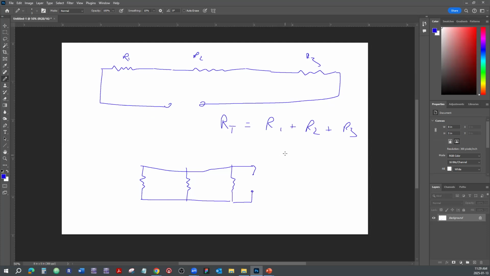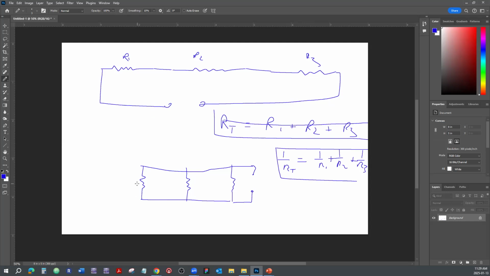Then here's the thing: 1 over R total equals 1 over R1 plus 1 over R2 plus 1 over R3. So here are the basic formulas as far as adding resistances in parallel or in series. Okay.